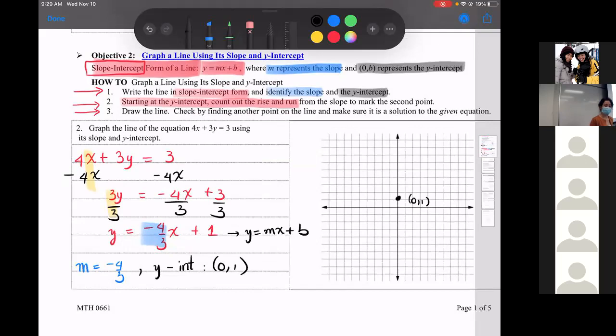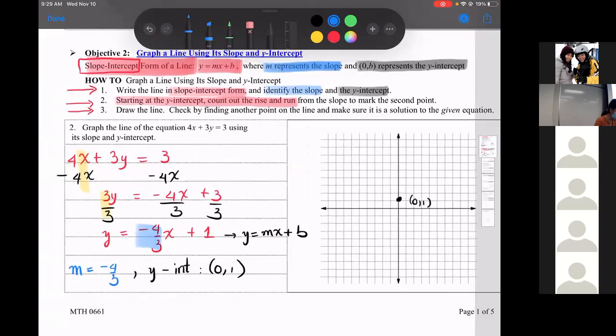How do I rise, down or up? Down, right? So from that black point, you're going to go down.